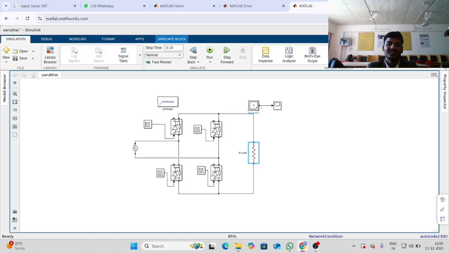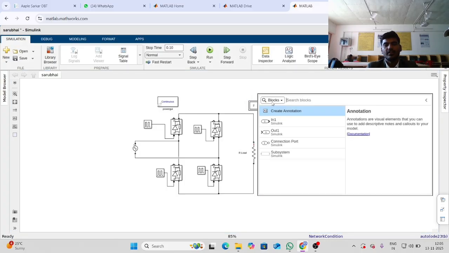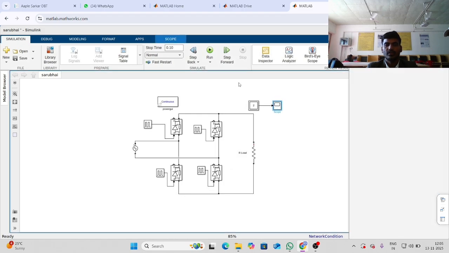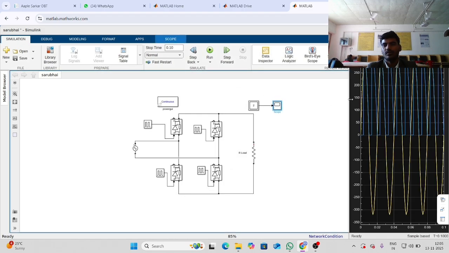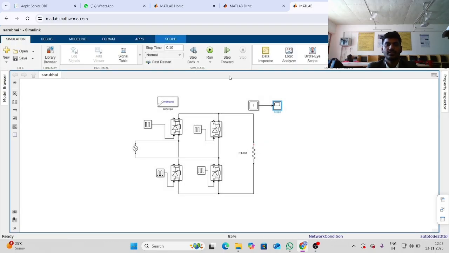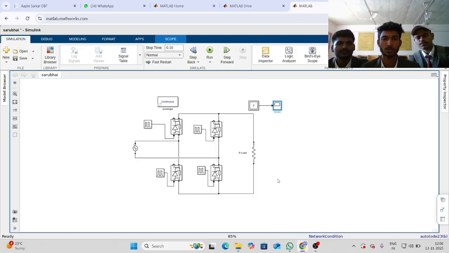Next we take the multimeter to measure the values for the scope. Next we take the scope for measurement of the waveform, and then run the simulation. So this is our simulation, and now we run it.